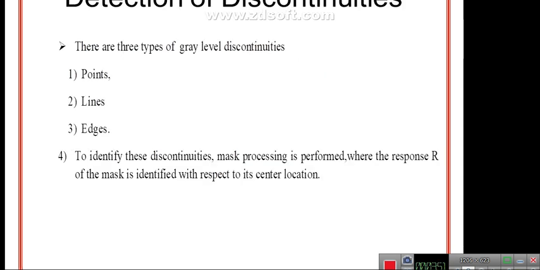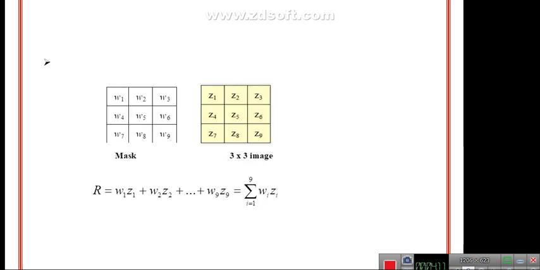So how do we detect discontinuities? Detection of discontinuities is of three types: points, lines and edges. To identify these discontinuities, mask processing is performed. The response R of the mask is identified with respect to its center location.